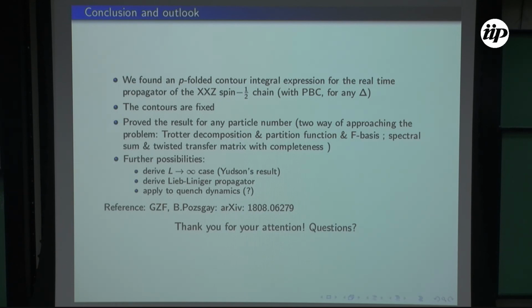Let's see how much you can apply this to our original idea to compute some kind of quench dynamics from microscopic physics. Here you can find the details. Thank you.